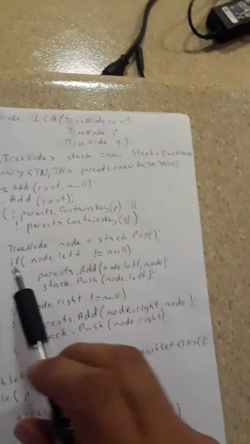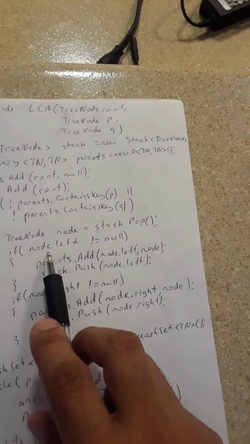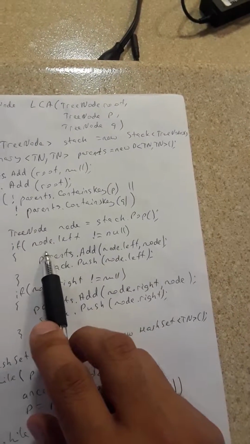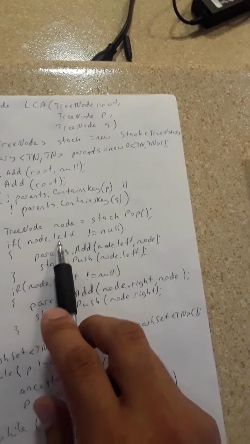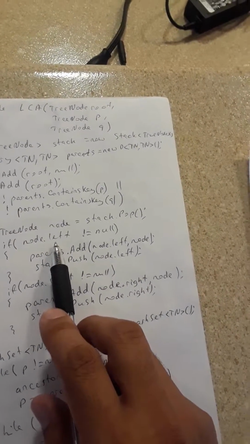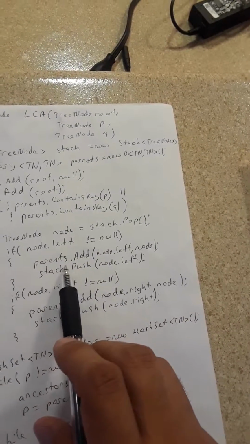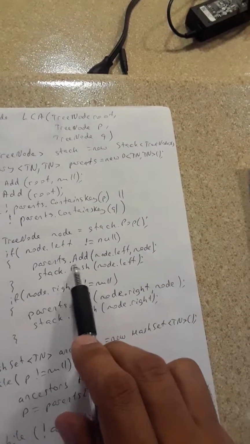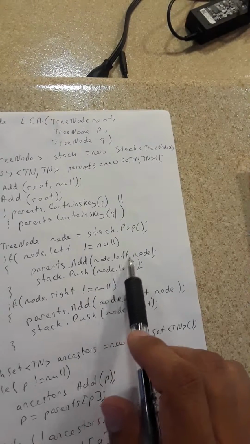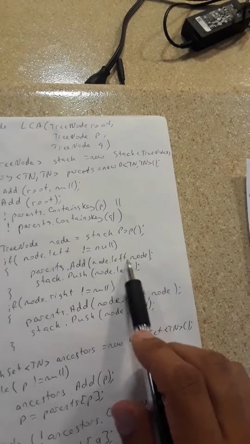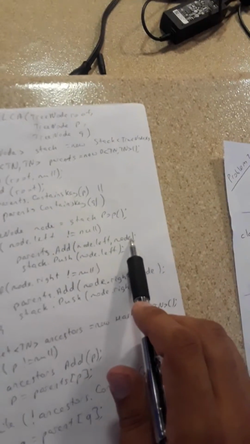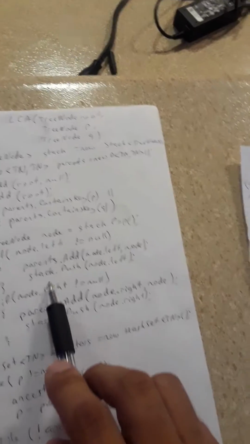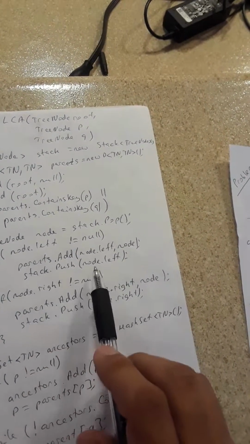So here I am defining that if my node's left child is not null, I will keep adding into my dictionary the node's left child as a key and the node as a value, and I will keep pushing this left child to my stack.